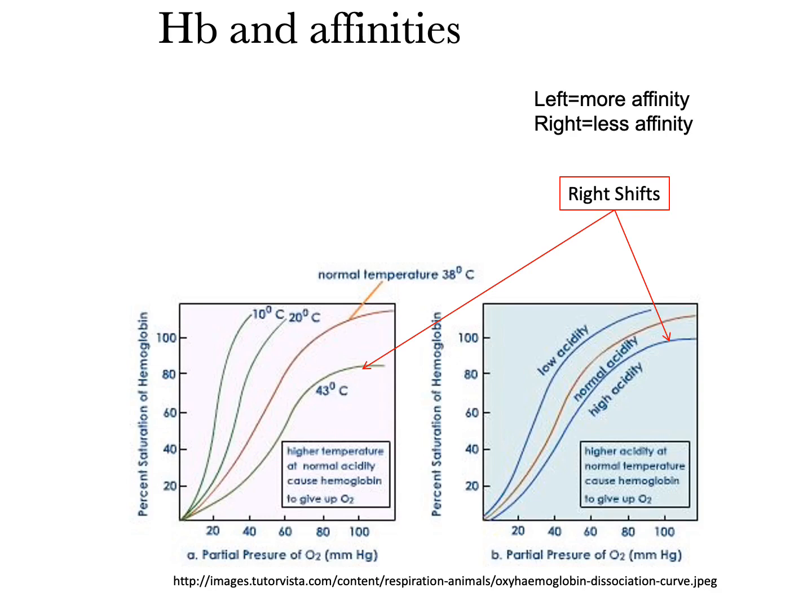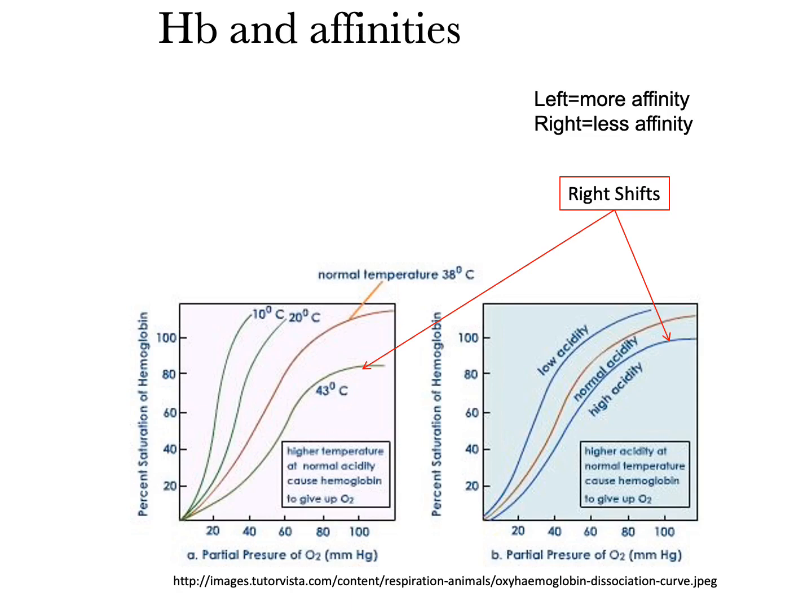I also have competitive inhibition on the hemoglobin molecule based off of the need to clear carbon dioxide and hydrogen ions from the plasma because of the acidosis that's going on.